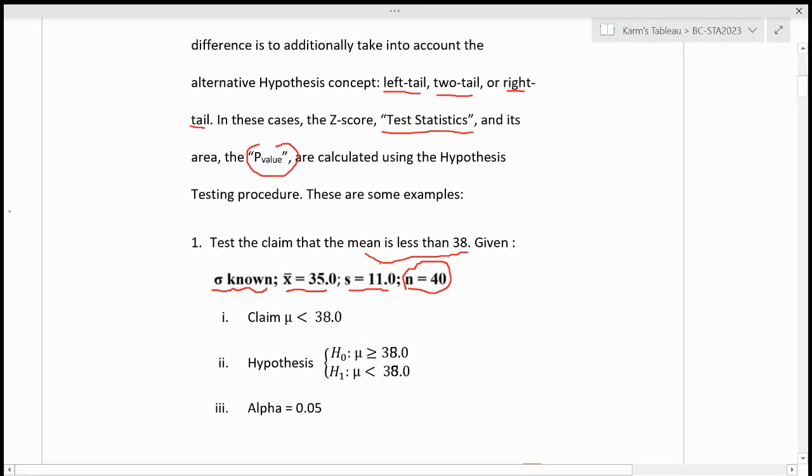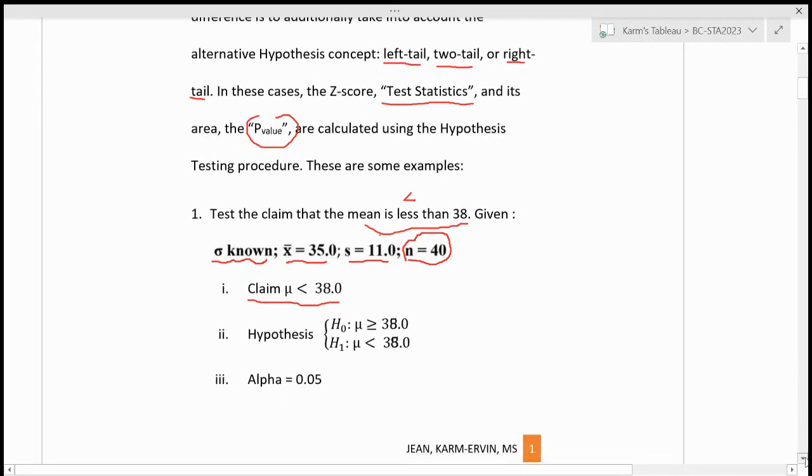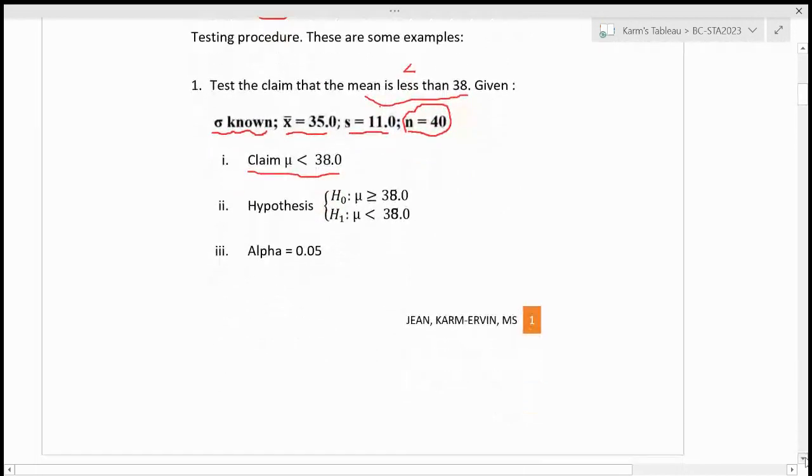Because we say that the mean is less than 38, the symbol that represents less than is this one over there. So the claim will be mu is less than 38. Based on what we learned last class, the hypothesis setting will be something like this.